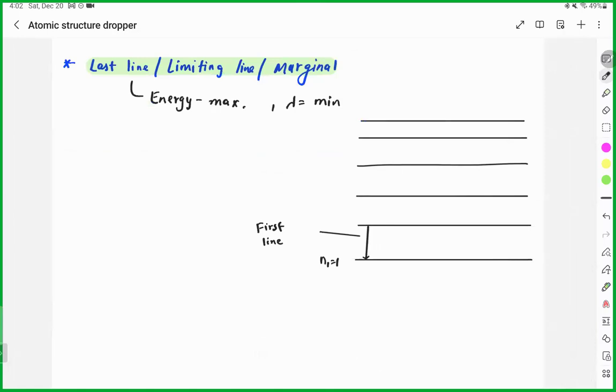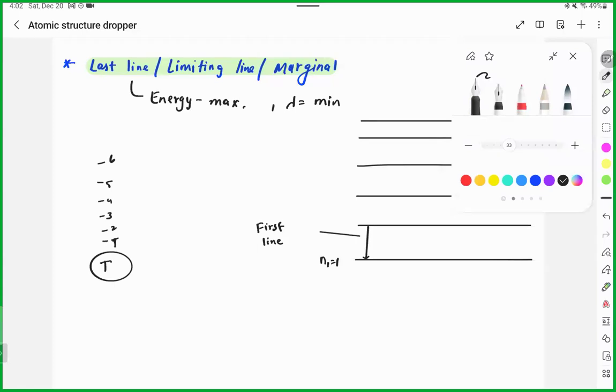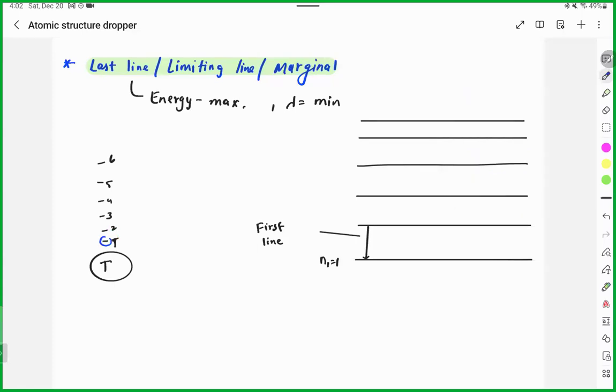The simplest example: you are like a teacher. Here you have first student, second student, third student, fourth student, fifth, and sixth. What will you say if you want to call the first person and check their notebook?